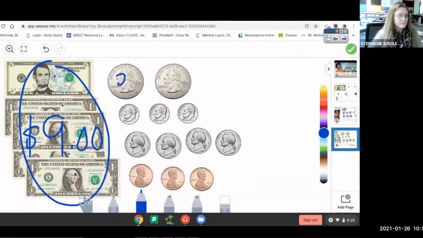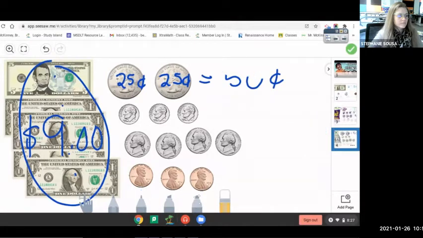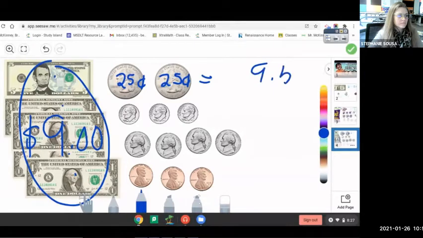We have 25 and 25 cents, which is 50 cents. So far we have $9.50. And I'm going to continue to write it down each time so I don't forget. So this is how much I have so far.